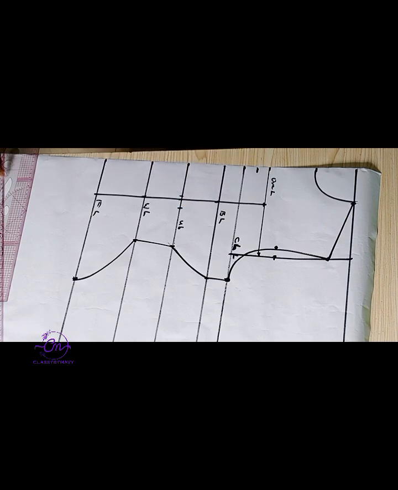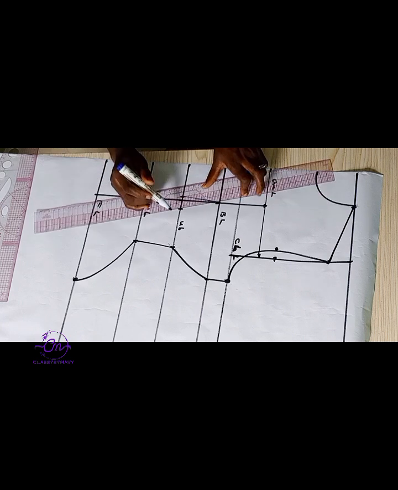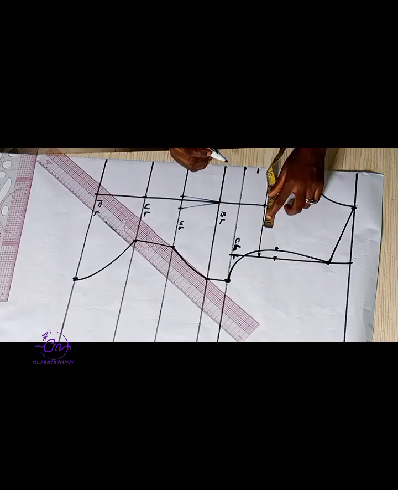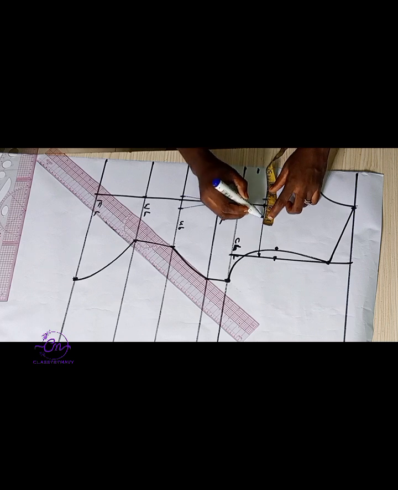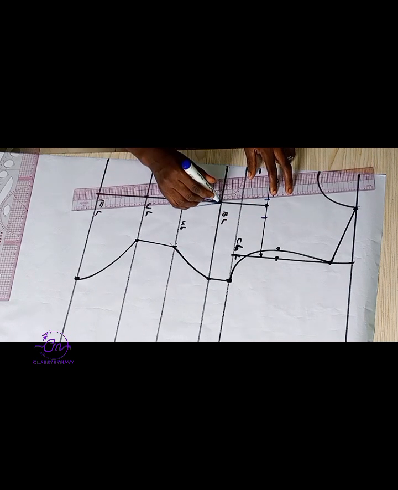Okay, and then I'll link it to the bust points like this and like this. Can you see? Then for the overbust, I'll be doing 1/2 inch this way and 1 inch this way. Okay, and then I'll also link.